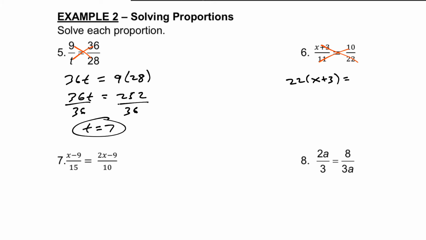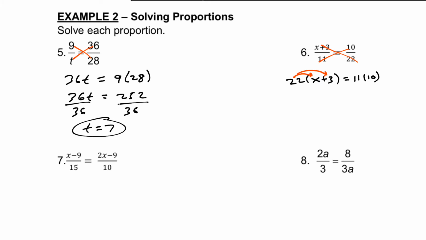And then that's going to be equal to the other cross product, which is just 11 times 10. Well, then from there, I think you can see that we're going to need to distribute. So we're going to distribute the 22 onto the x and onto the 3.